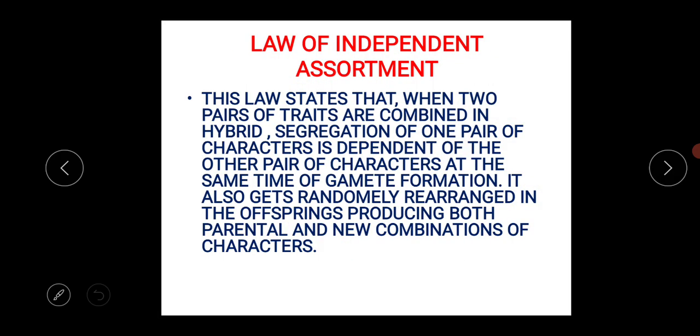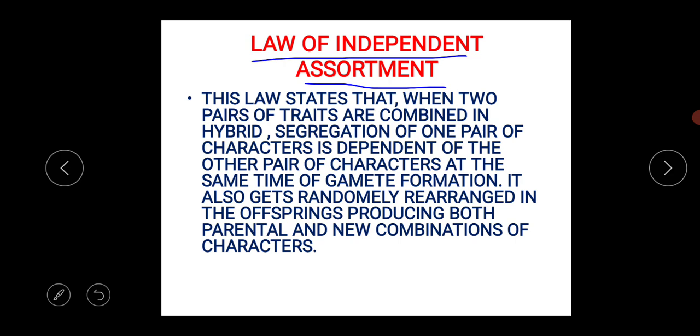Okay. After the whole procedure, Mendel derived one law. The name of the law is the law of independent assortment. For Mendel's monohybrid cross, we get two laws.